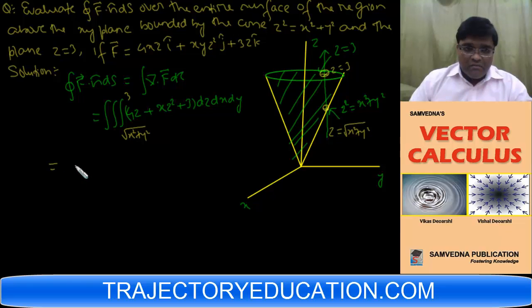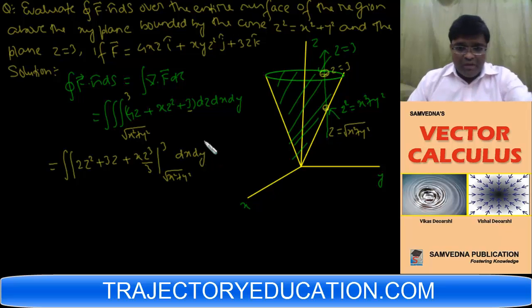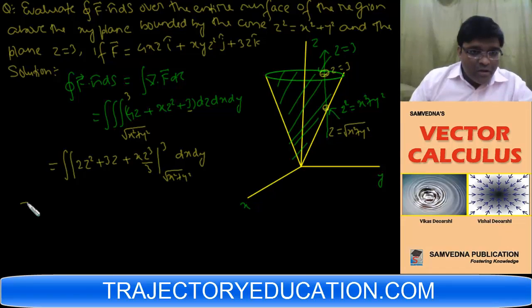So x square plus y square to z equals 3. You first integrate with respect to z. So this will be 4z square upon 2, that is 2z square, and let's first integrate this one, 3z, then you have xz square, so it will be xz cube upon 3, and the limits of z will be under root x square plus y square to 3.